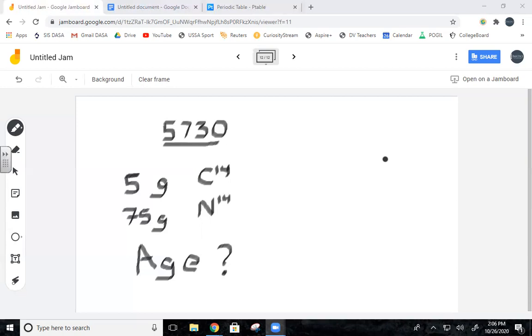How big was the original sample of carbon-14? How much was it originally? How big was it? 80. If you're wondering how I got that, I added these two numbers together. After one half-life, how many grams would it be? 40.